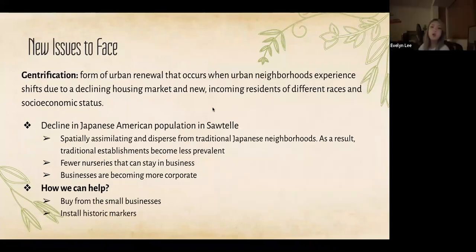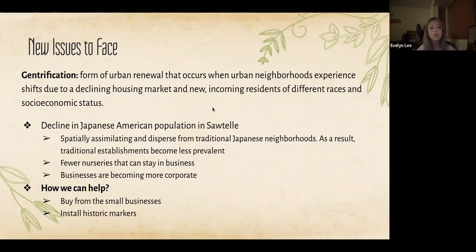And I want to talk about the current issues that surround Sawtelle, Japantown. So one of the first ones would be gentrification, which is a form of urban renewal that occurs when urban neighborhoods experience shifts due to declining housing market and new incoming residents of different race and socioeconomic status. So the decline in Japanese American population in Sawtelle, so spatially assimilating and dispersing from traditional Japanese neighborhood.